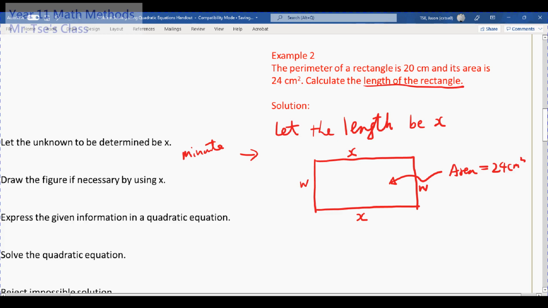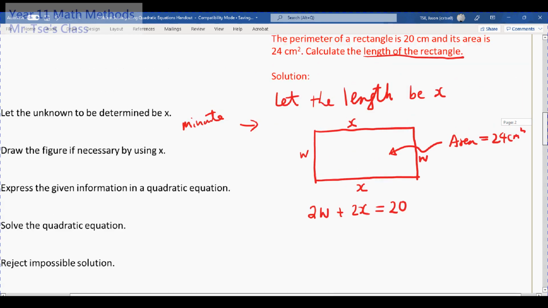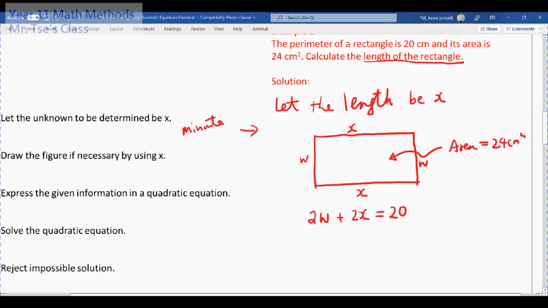So how can we express the idea that the perimeter is 20 centimeter? Then we know that 2w plus 2x should be 20, right?